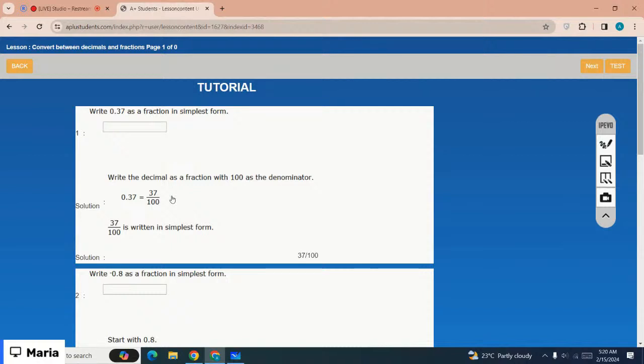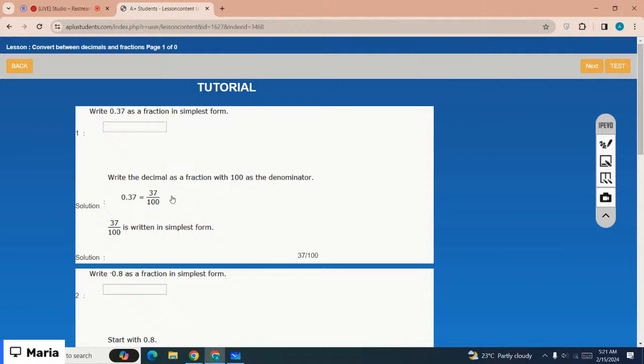Write 0.37 as a fraction in simplest form. So, which is the correct option? Okay, so you have to write down 0.37 in the simplest form.